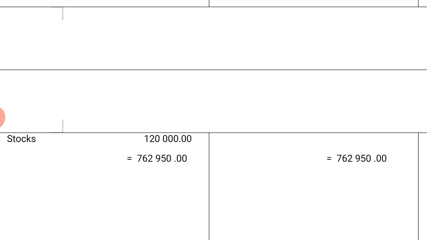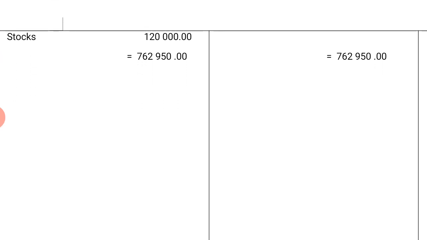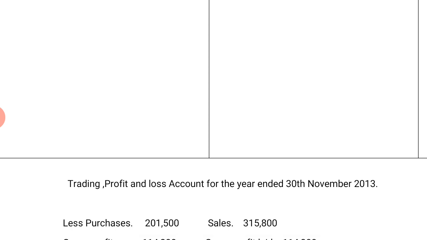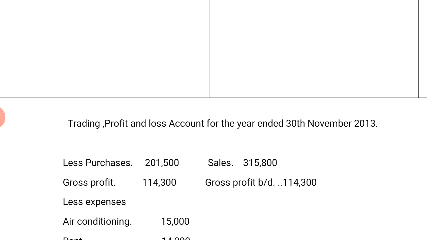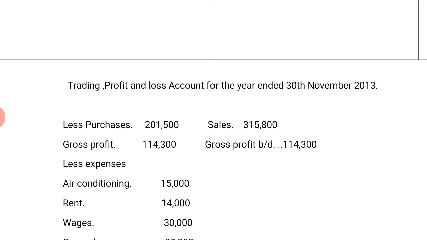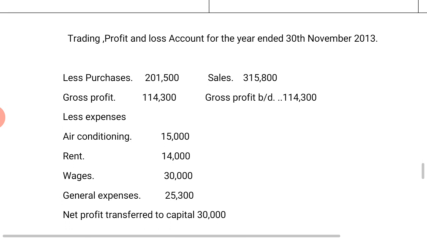So the addition at the debit side, we have 762,950. We also have it at the credit side, 762,950. So having gone through the question, we now want to prepare the trading profit and loss account for the year ended 30 November 2013.